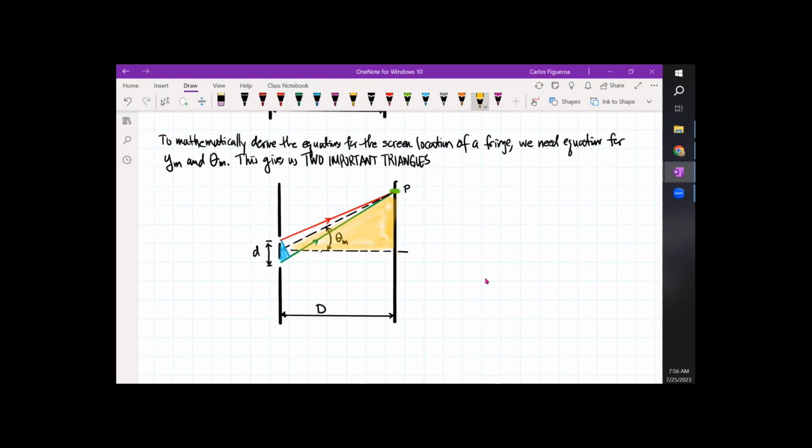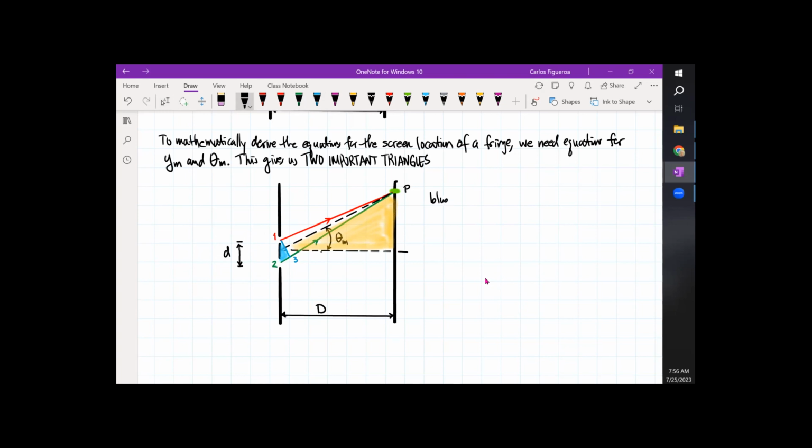So what I'm going to do here is start labeling these triangles. I'm going to move this d out, but we know that the separation is d. So I'm going to label this point right here 1. I'm going to label this point over here 2. And then I'm going to label this point 3 right there. So you could see that there are 2 triangles.